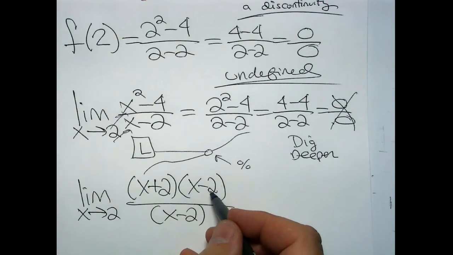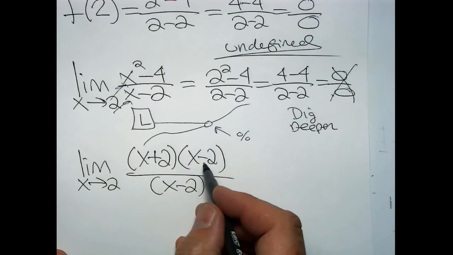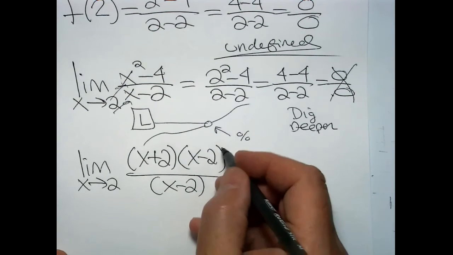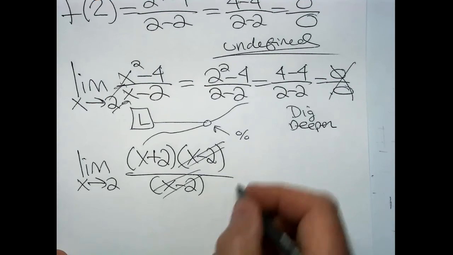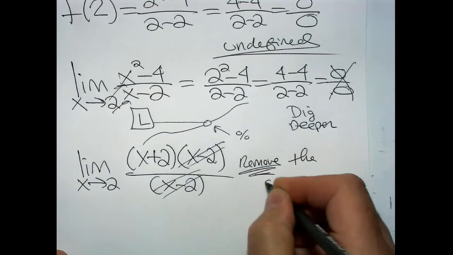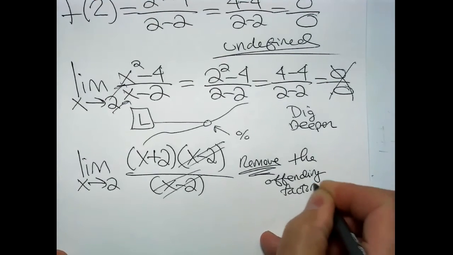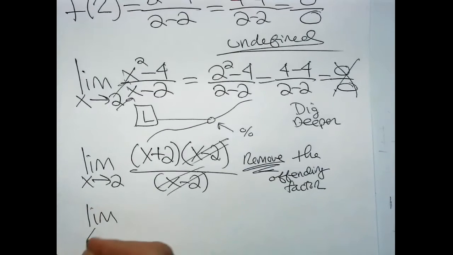So what did you find in here? The offending factor. And I want to show you what I'm about to do with the offending factor. I'm going to remove it. So if you remove the offending factor, I can evaluate the limit now.